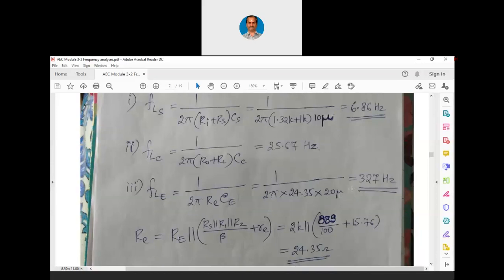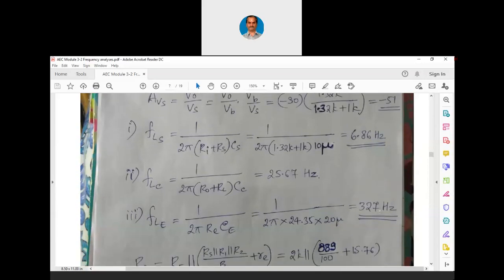Now just look at this. Instead of this 20 microfarad, if we make this 200 microfarad, what will happen? Instead of 327 Hz, it will become 32.7 Hz. Even in that case, emitter capacitance is going to remain dominant.